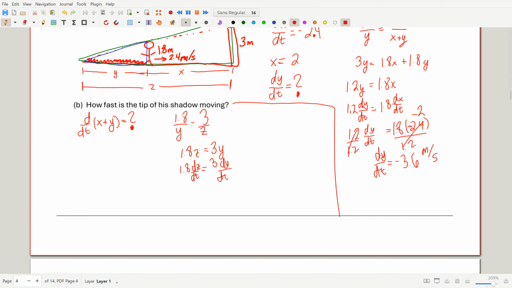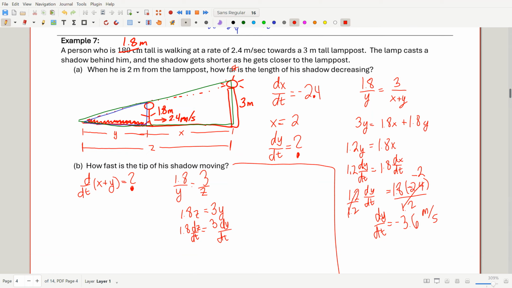Plugging in, we have dy dt from our previous problem, so negative 3.6 meters per second. That's our dy dt. Again, the math's going to work out nice on this one. So we get 1.8 dz dt equals 3 times negative 3.6.